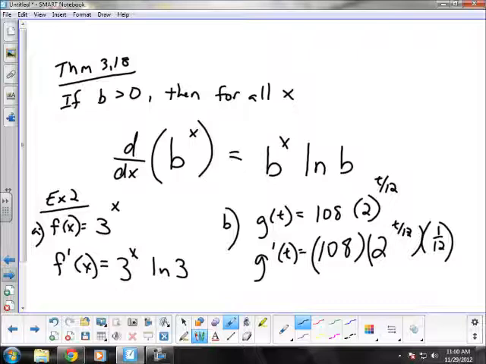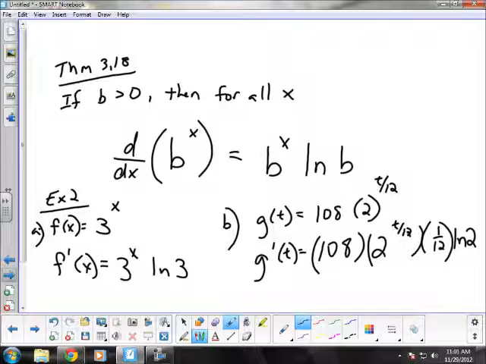So it'd just be the coefficient times the ln of the 2. Do I use the power rule? No, not because the variable's in the exponent. Anytime the variable's in the exponent, I can't use the power rule like we've done before.